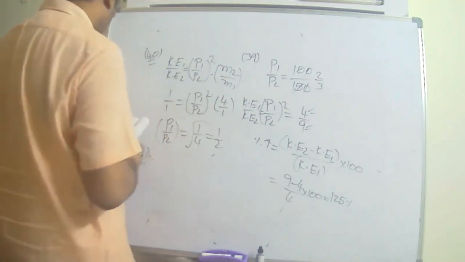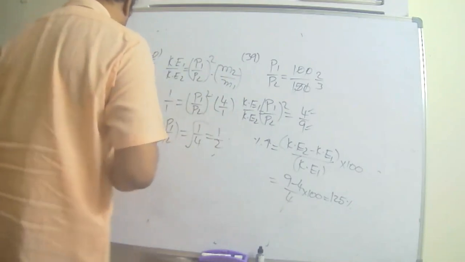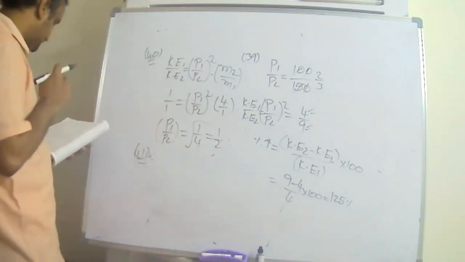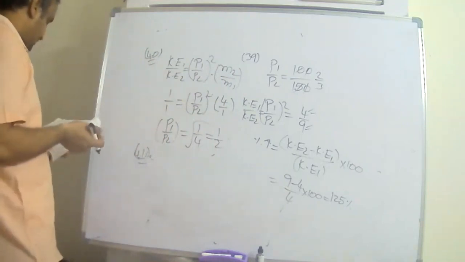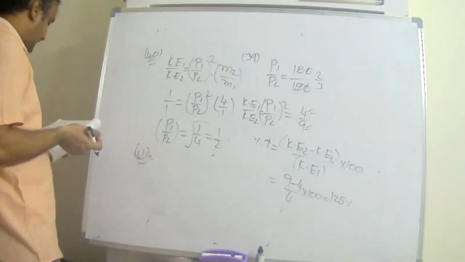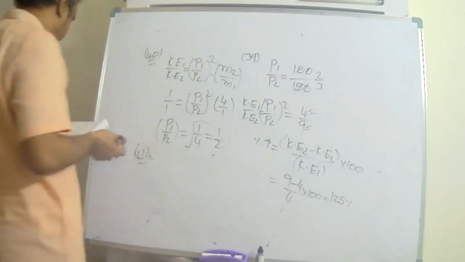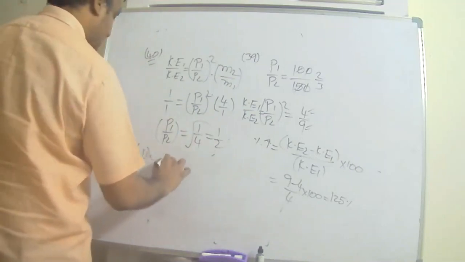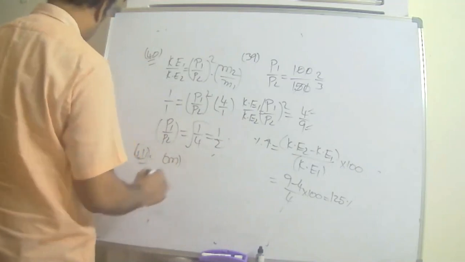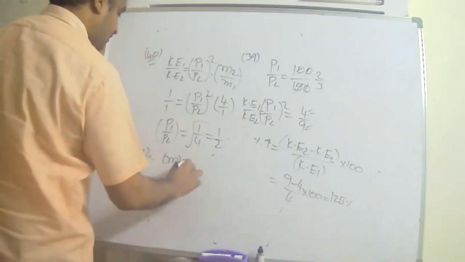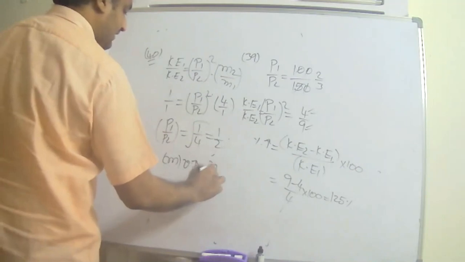If the linear momentum of a sphere is doubled, its kinetic energy will become? Sphere linear momentum double అయింది అంటే velocity కూడా double అవుతుంది, అంతేనా?